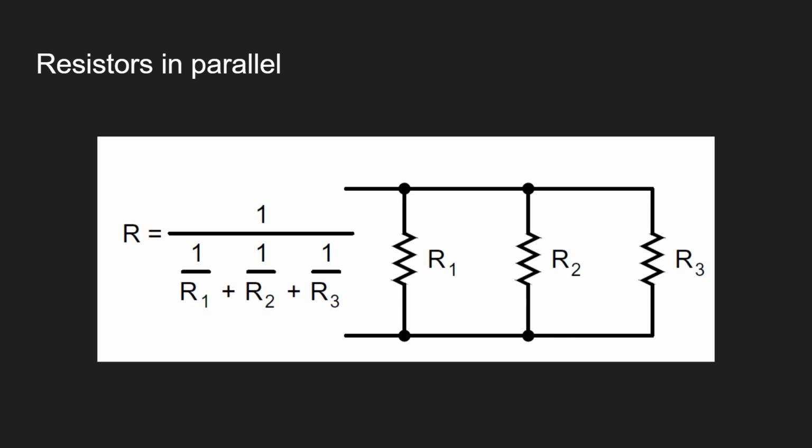But I guess this one should be easier to memorize if you are not familiar with physics. The reciprocal of total resistance will be the reciprocal of all the resistances adding up. This actually is a definition. But I love this one. I really love this one. The reciprocal of reciprocal.